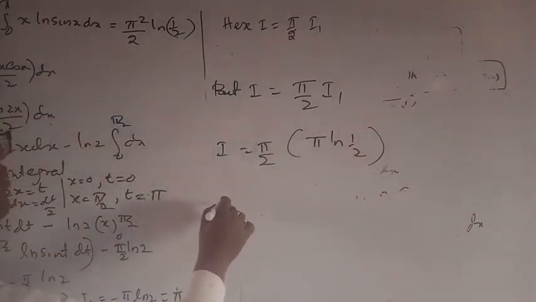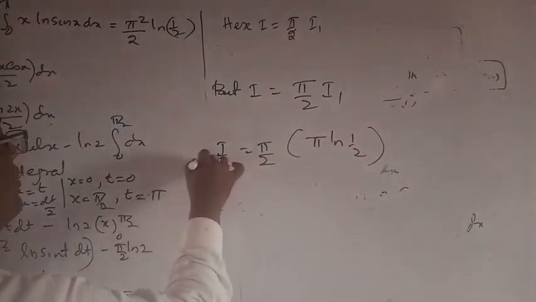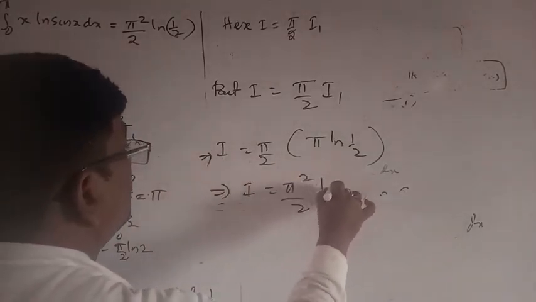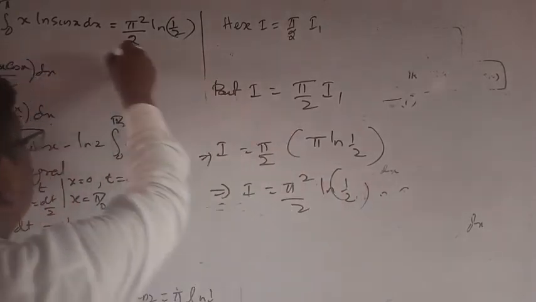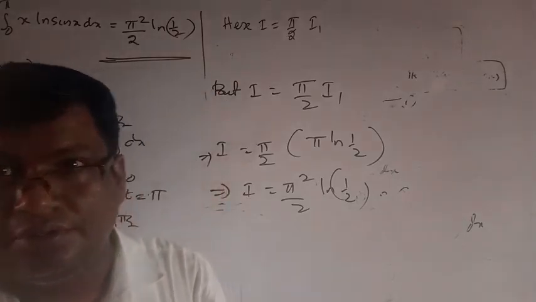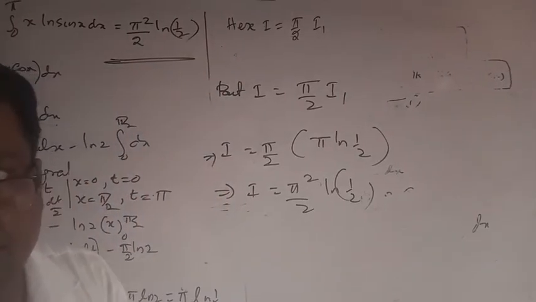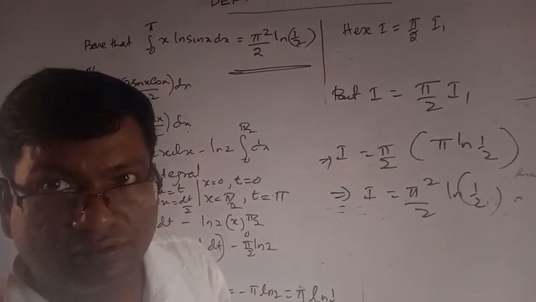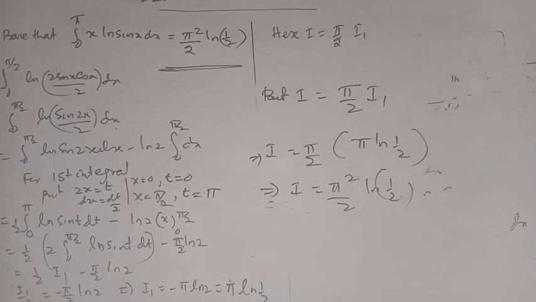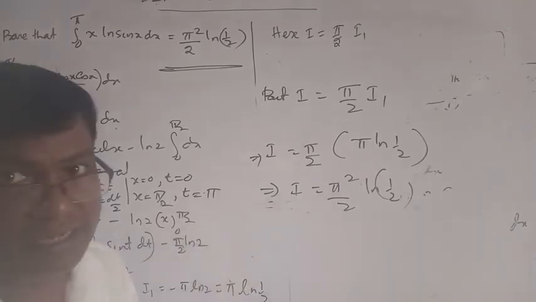So I is equal to pi square by 2 ln 1 by 2. This is the answer.